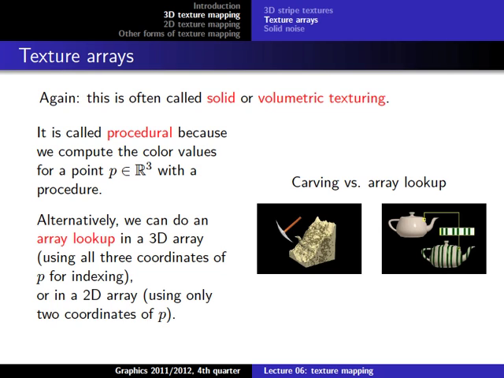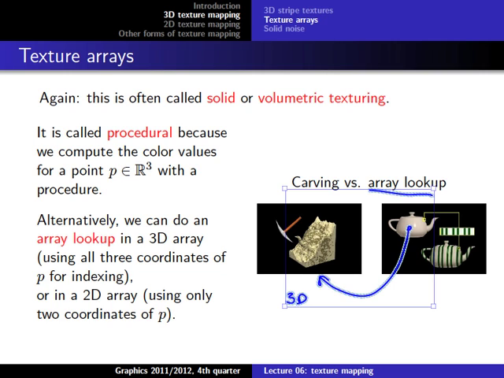This is called the array lookup technique, where we take a 3D array or a 2D array, and then we just take the coordinates from the points and look up the related color values in the texture. So the question here is, how do we map the point in 3D to a position in our 3D or 2D array? So the array lookup is, if we have a 3D texture, then we take a point here and then we look into the 3D array, and then we have to know which point we have to look at here.